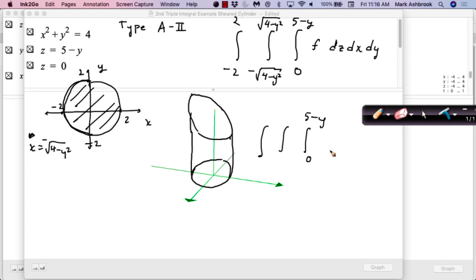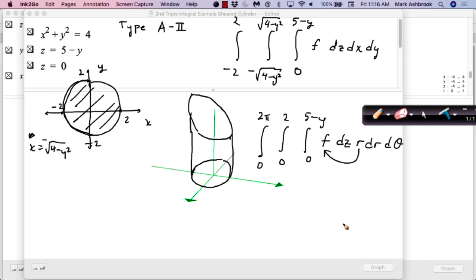So in polar, we now have f dz, and then r dr d theta. The r links up with the f and becomes part of our integrand, the thing we integrate. And r goes from 0 to 2, theta from 0 to 2 pi.